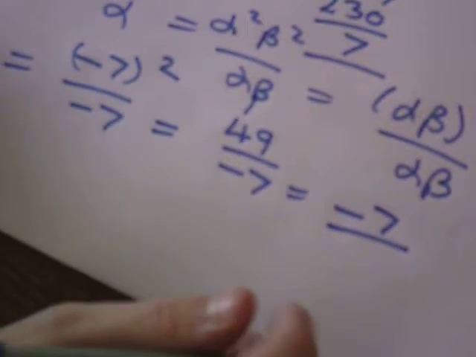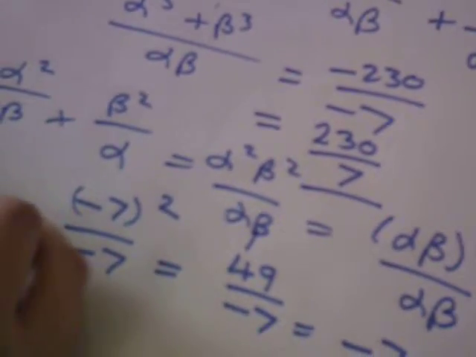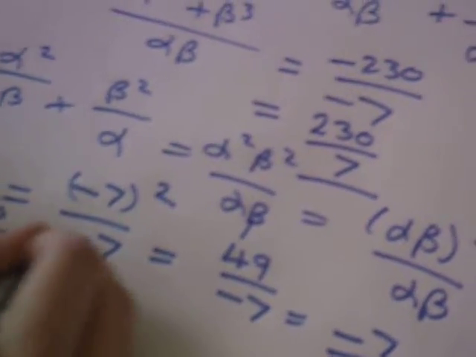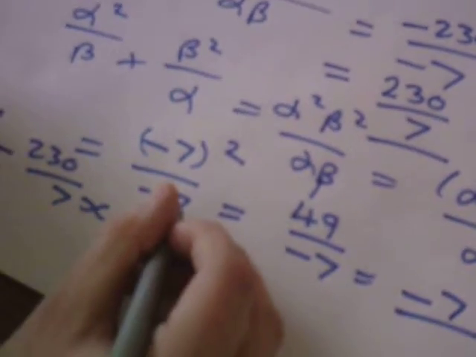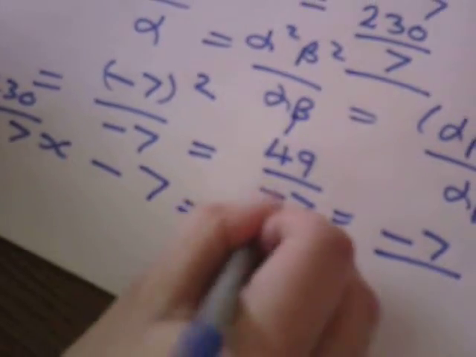So now, in order to make a quadratic equation out of this, we have to say that it's x squared minus the sum of the roots, and we know that the sum of the roots is 230 over 7x, plus the product, but because this number is negative, plus and a minus becomes a negative, so minus 7 equals 0.